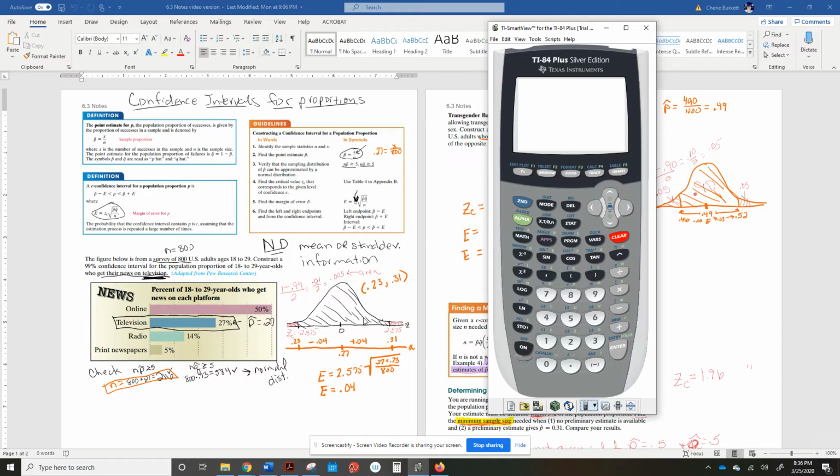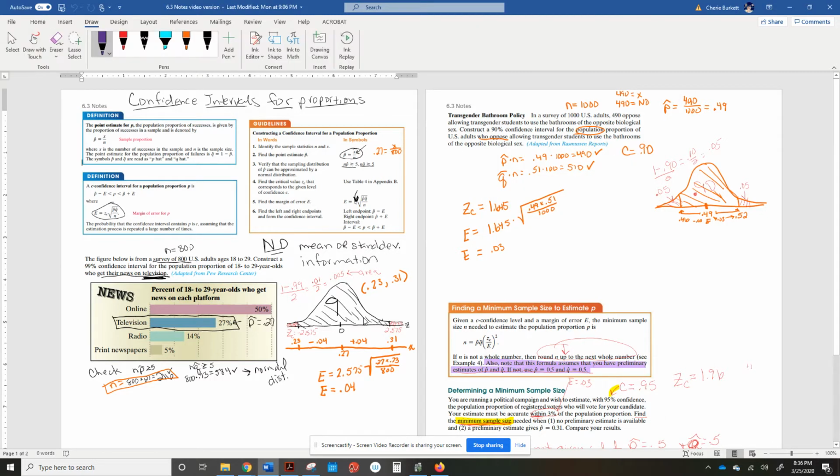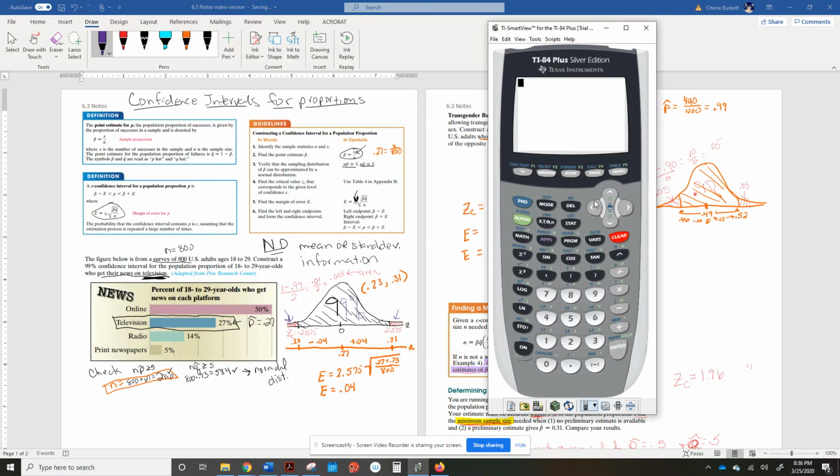According to this problem, there's 99% in here, and this right here is a total of 1% together, so that's 0.5% and that's 0.5% right there. The percentages and the area are the same thing. So this is a normal distribution.